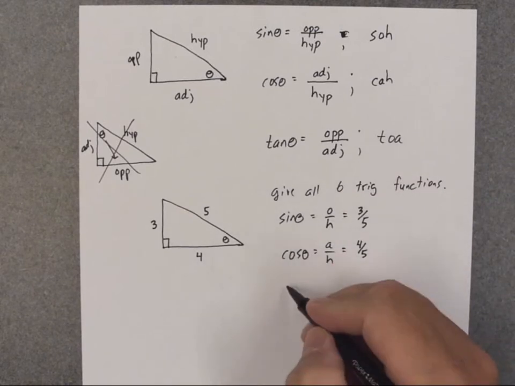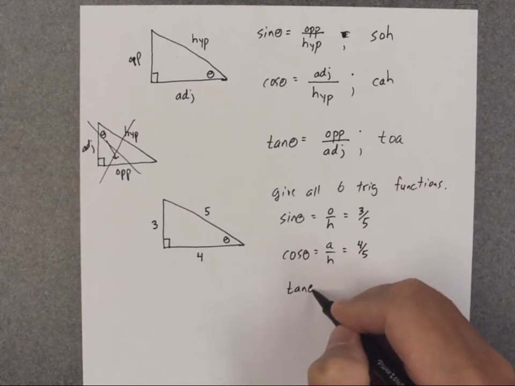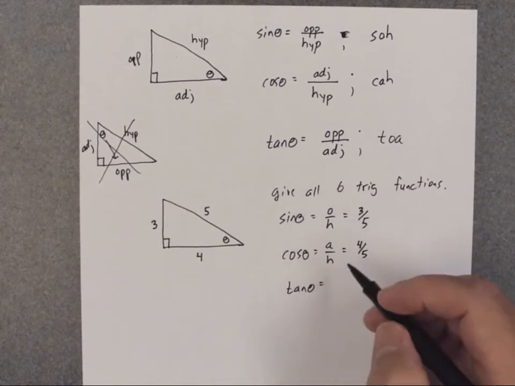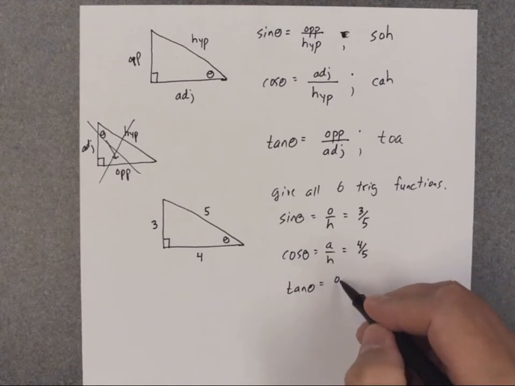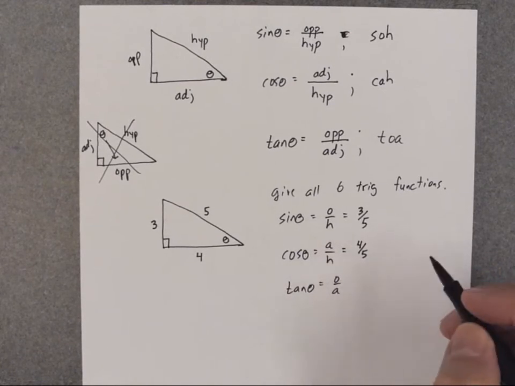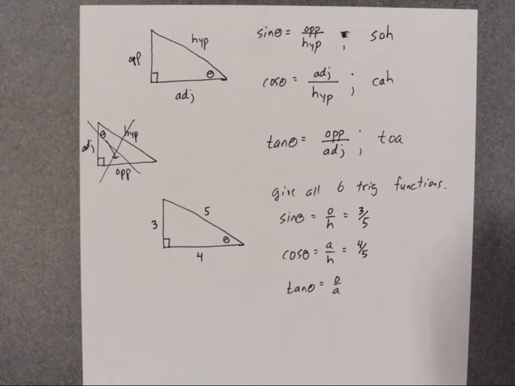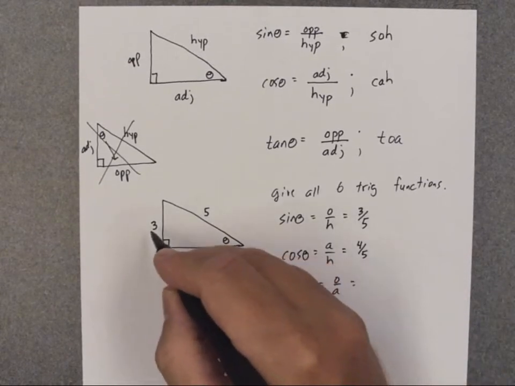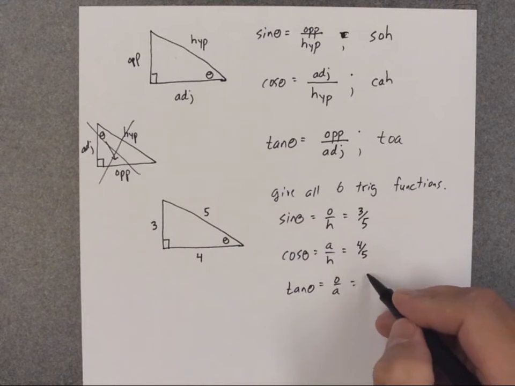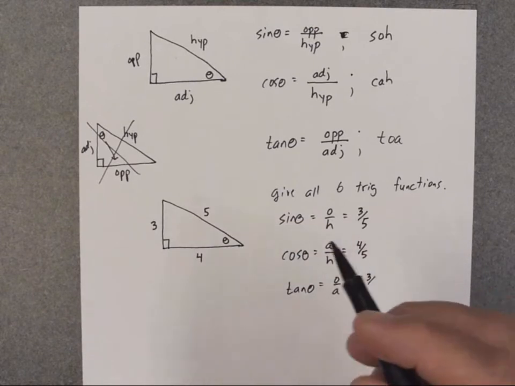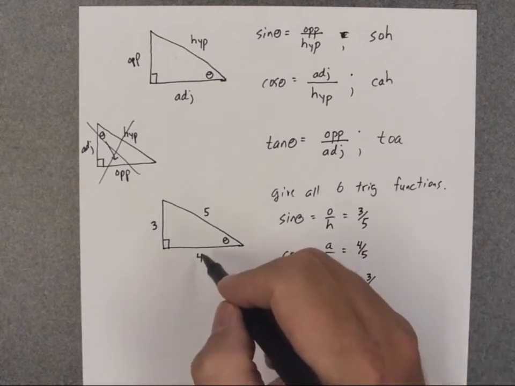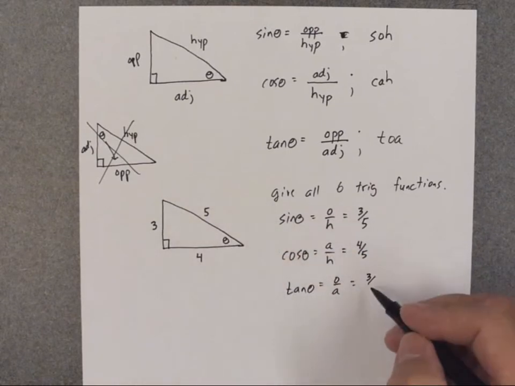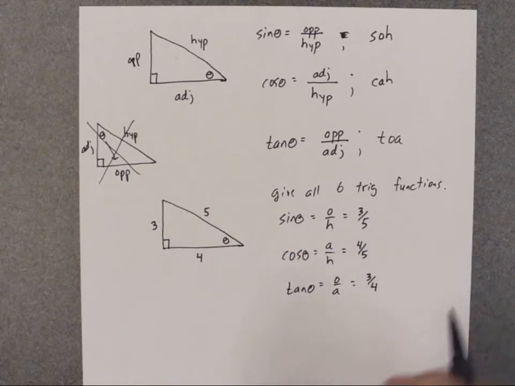And then the tangent of theta is opposite over adjacent, so TOA. Well, the opposite side of my angle is 3, and the adjacent side in relationship to this angle theta is 4, so the tangent is 3/4.